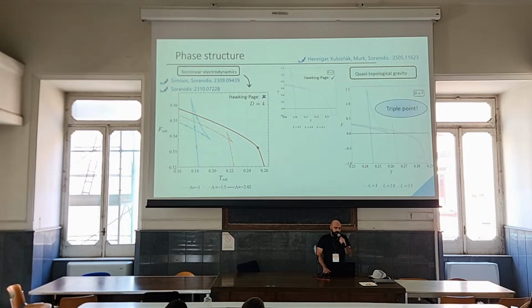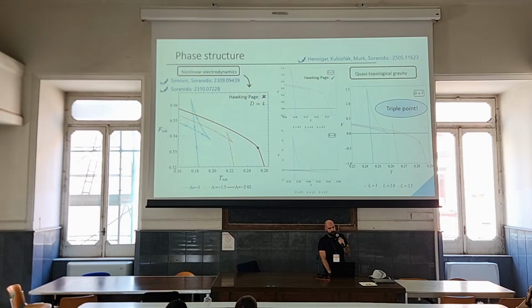Interesting behavior also arises when we have d equals 7. We have the presence of a triple point. This point represents a coexistence of a small black hole, a large black hole, and also radiation, which you can see from this black triangle over here. The termination of this transition ends here, with this second order transition, and it is physical because the free energy is negative.